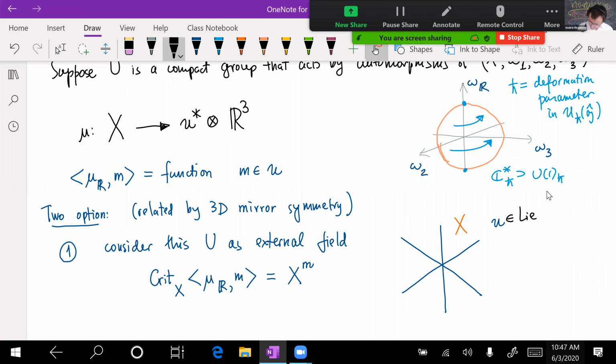I can always choose U to lie inside the Lie algebra of a given compact torus, which is a maximal torus. So actually, we denoted it A, I think. So this is inside Lie A, which is the Lie algebra of A, and this is a maximal torus.